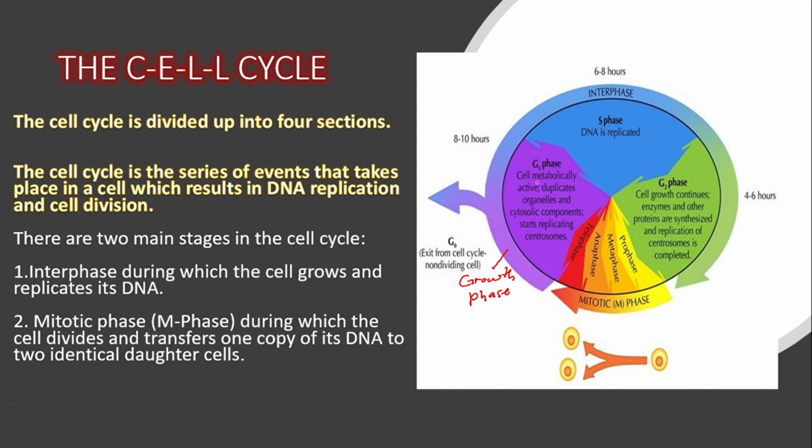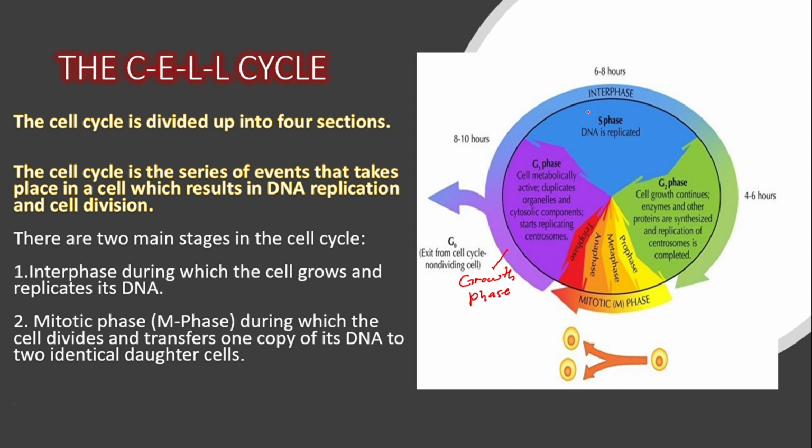In this diagram you can see that the cells are metabolically active, duplicate organelles and cytosolic components, and start replicating centrosomes. So primarily the cell grows and replicates its DNA, and that also takes place in the synthesis phase.